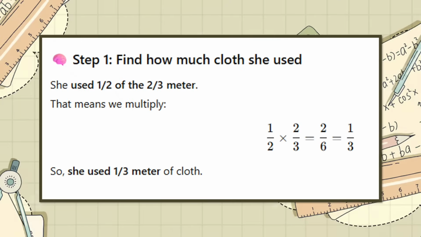And then the denominators, 2 times 3 is equal to 6. So the answer is 2 over 6. So we can simplify that. Divide both by 2. So 2 divided by 2 is 1. 6 divided by 2 is 3. So the final answer is 1/3. Therefore, she used 1/3 meter of cloth.